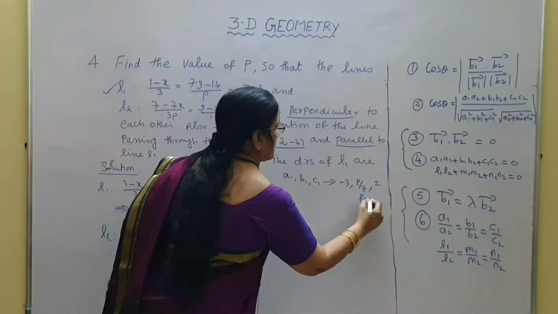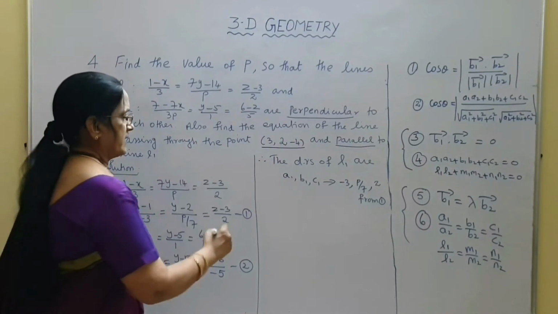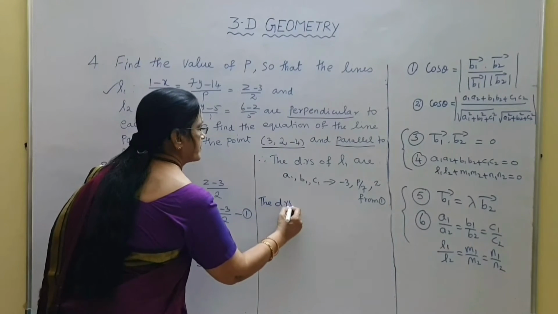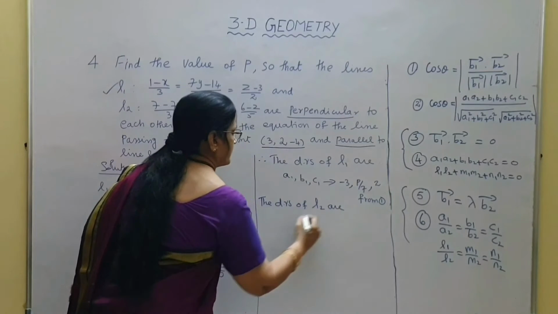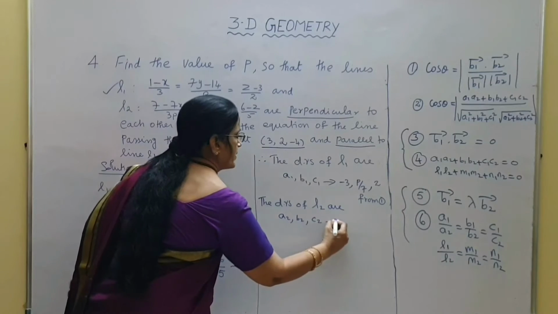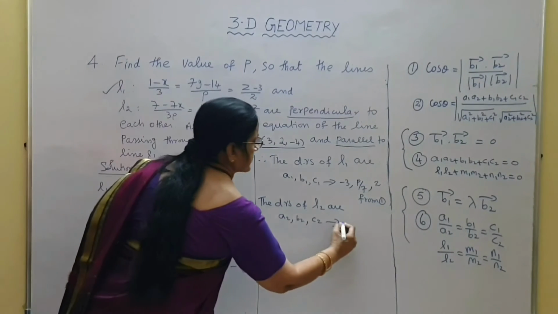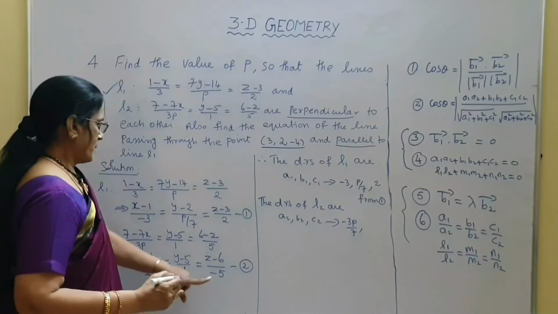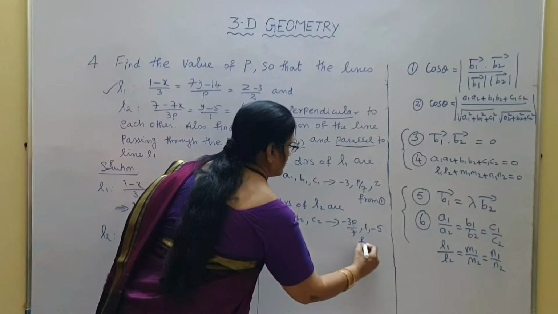This I am getting from 1. Then the direction ratios of the line L2 are A2, B2, C2, nothing but minus 3p by 7, 1, minus 5, from 2.